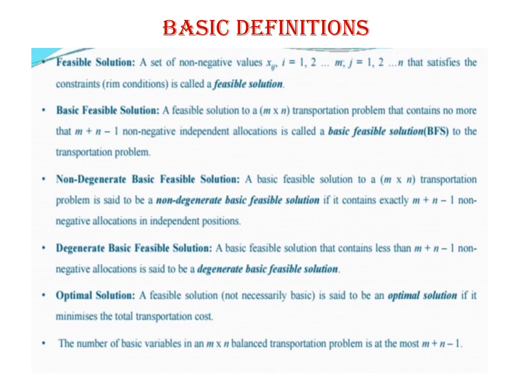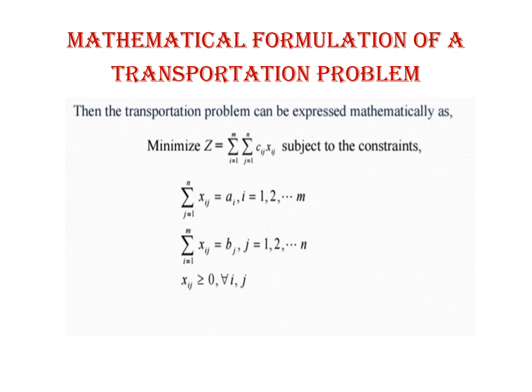Next, optimal solution. A feasible solution is said to be an optimal solution if it minimizes the total transportation cost. The number of basic variables in an m cross n balanced transportation problem is at most m plus n minus 1. Next, the mathematical formulation of a transportation problem.